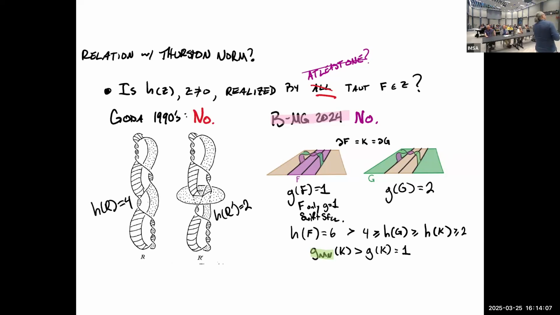We did this by looking first at an annulus in the boundary of the genus 2 Heegaard splitting of the 3-sphere. And then we attached a Hopf band onto it to make a Whitehead double with a nice genus 1 Seifert surface.